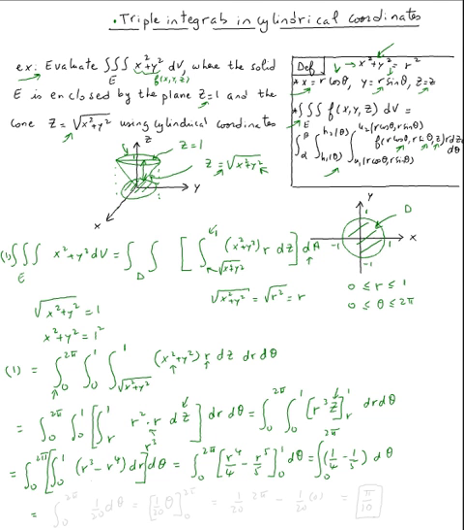So we have 1 over 20 d theta, which is 1 over 20 theta between 0 and 2 pi. Plug in the 2 pi, you get 1 over 20 times 2 pi minus 1 over 20 times 0. Simplify the 2 with the 20, you get pi over 10. And that's it for this example.